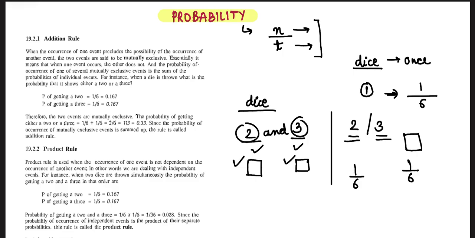In that condition, we can say that the two events are mutually exclusive because they do not involve each other. Either the 2 can come or the 3 can come. So here, if the two events are mutually exclusive, the probability is 1 by 6 plus 1 by 6, that is 2 by 6, or we can say 1 by 3.